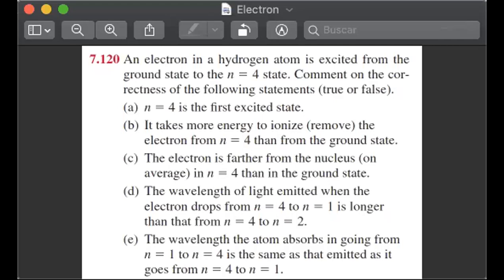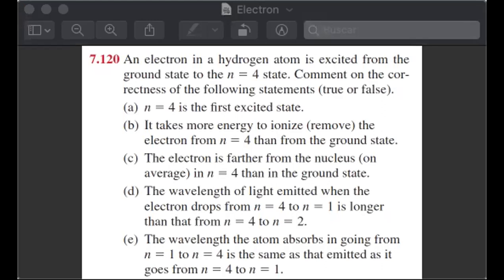The wavelength of light emitted when the electron drops from n equal 4 to n equal 1 is longer than n equal 4 to n equal 2. The answer will be false.